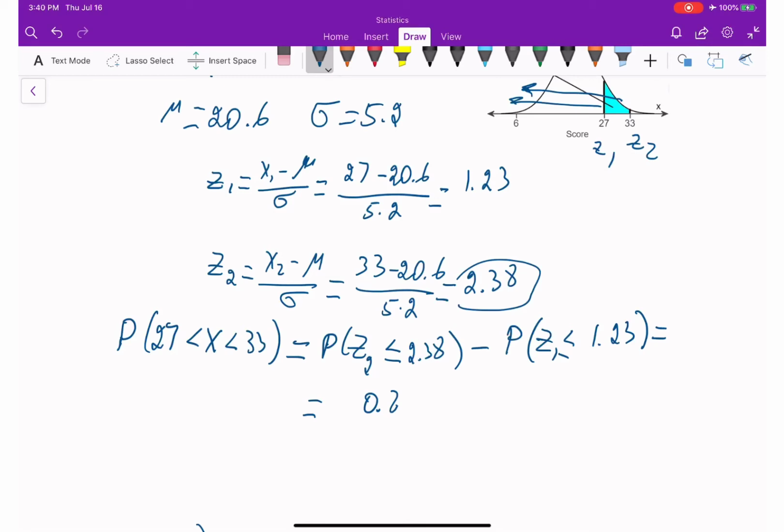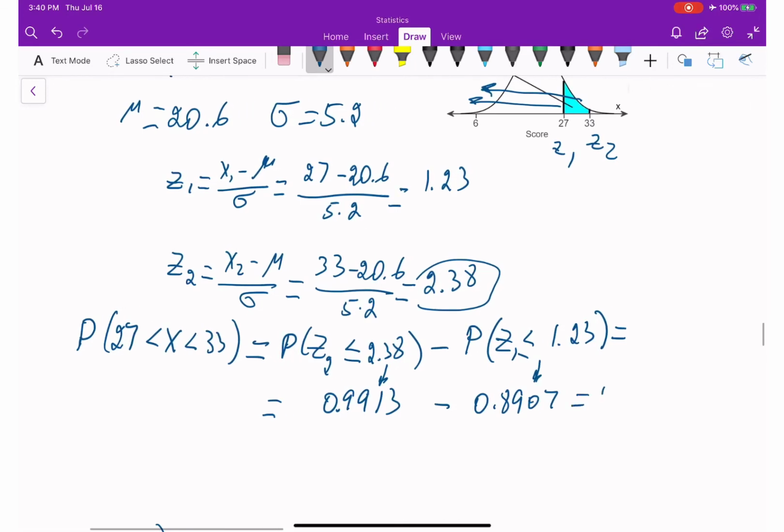So from here, what do we have? 0.99913, this is the probability for this one, minus 0.8907, this is the probability for this score, and the result will be 0.1006.